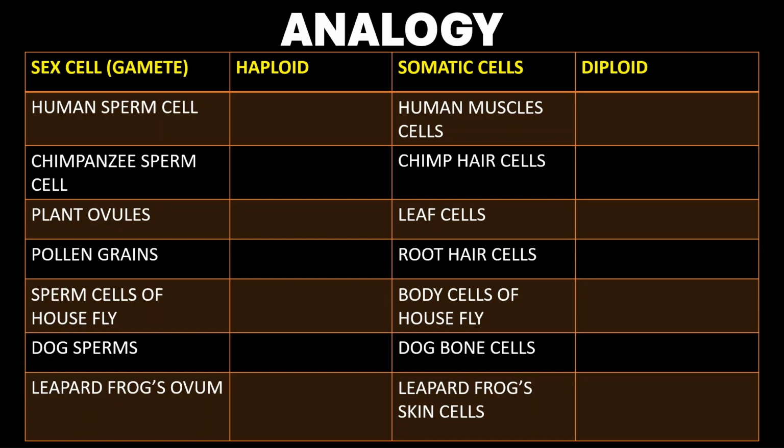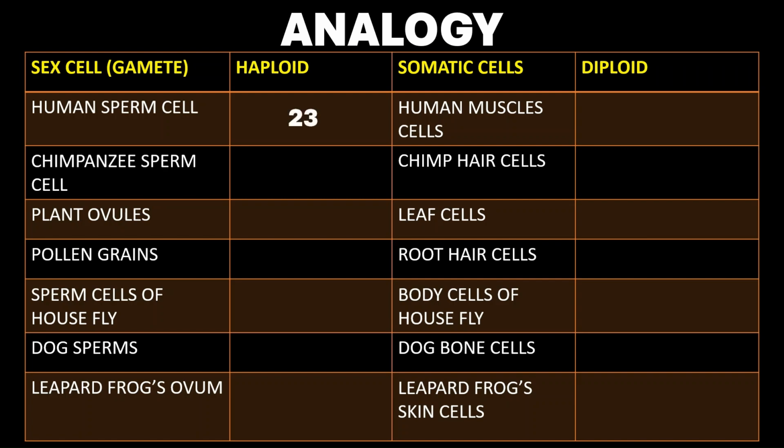On the other side, all somatic cells are also called diploid. So we have examples of sex cells and examples of somatic cells in different organisms. But there are two types of sex cells, sperm and an ovum.